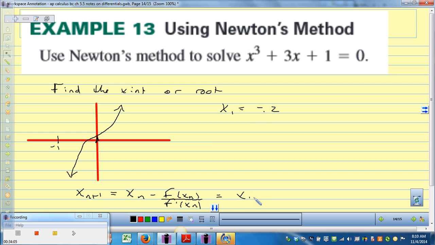So that's going to be x of n minus, what is my f of x? x cubed plus 3x plus 1 over what? Good. 3x squared plus 3. And all of these x's are actually little x of n's, because it's at the current x that we're interested in.